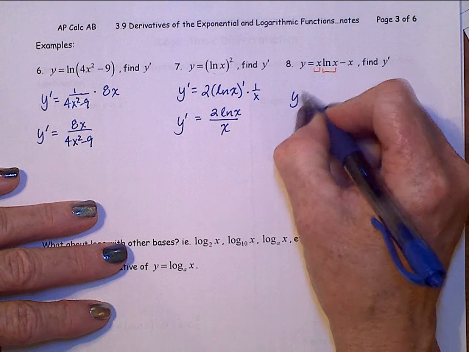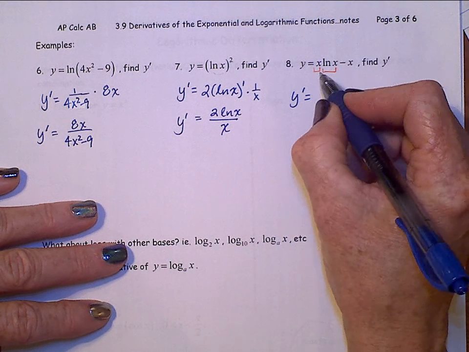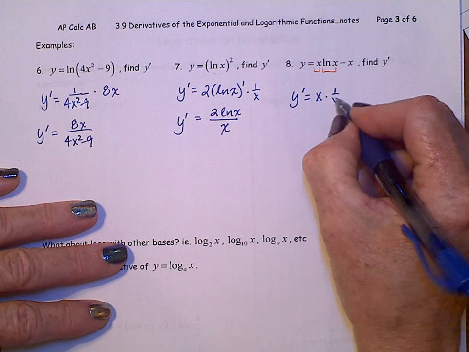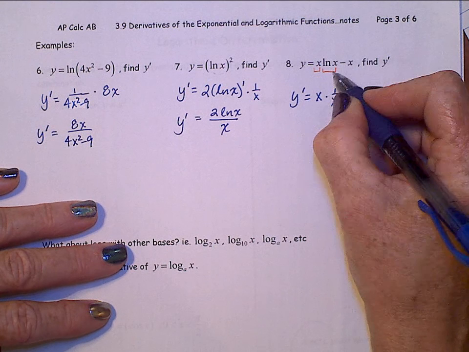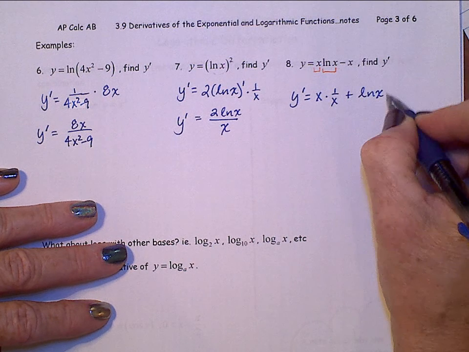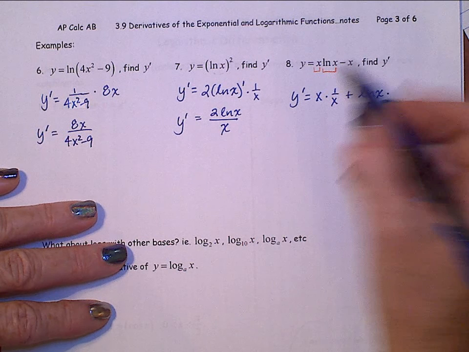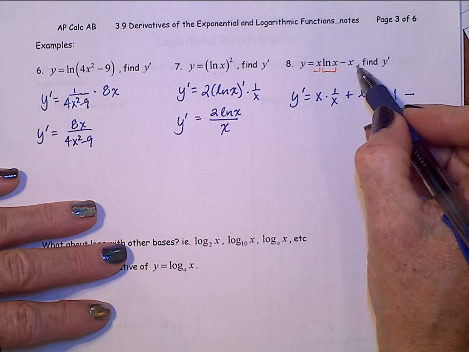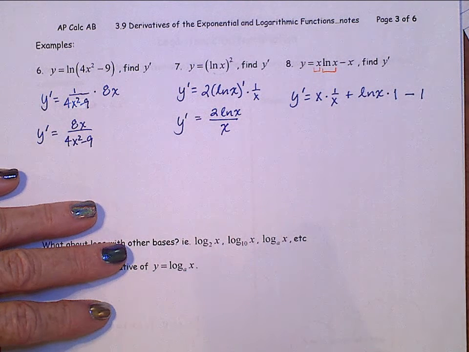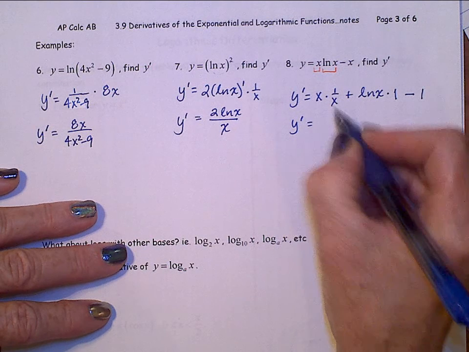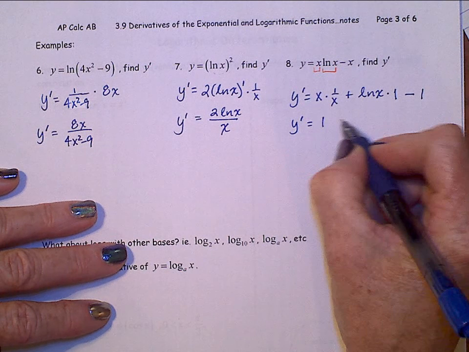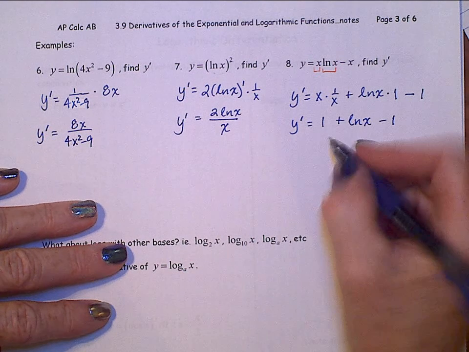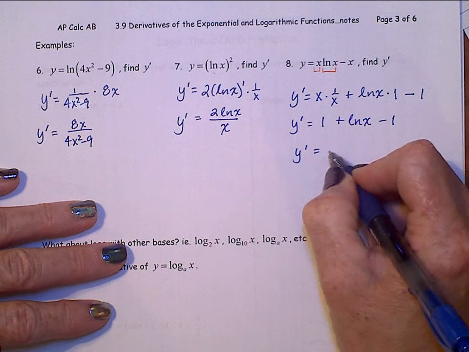Doing the derivative then, product rule, first x times the derivative of the second, 1 over x, plus the second, ln x, times the derivative of the first, which is 1, minus the derivative of this x, that's just 1. Oh, and look how pretty this turns out to be. x times 1 over x, that's 1, plus natural log x minus a 1, and we end up with the derivative is just the natural log of x.